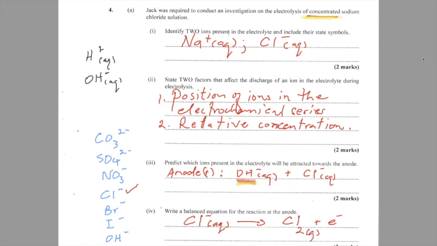So this reaction would take place twice, and the moment it happens, we'd end up with chlorine being formed, Cl2. So this is our balanced chemical equation for what's happening at the anode. 2Cl− aqueous gives chlorine gas, Cl2, plus 2 moles of electrons. And that would have given us all of 2, 4, 6, 8 marks. This question is for 15 marks, so we're a little over halfway there.